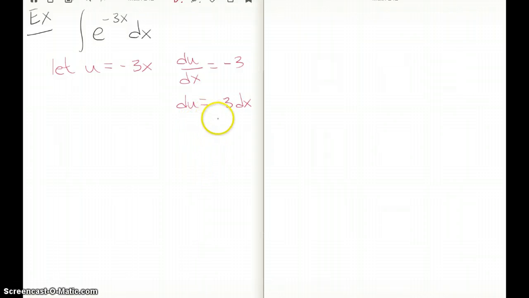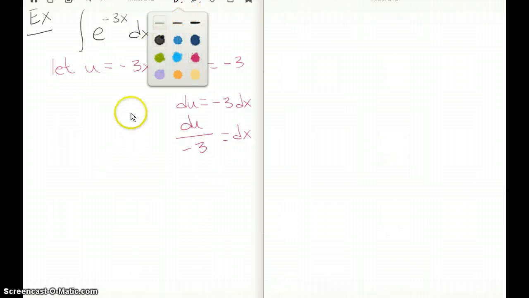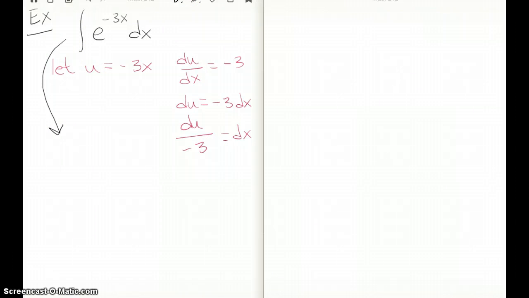Some people prefer to always just write what dx equals and then put that expression in for dx, and then hopefully other stuff cancels. In this case, it would be du over negative 3 is dx. Now when I start rewriting this integral, e to the negative 3x is e to the u, and dx is du over negative 3.